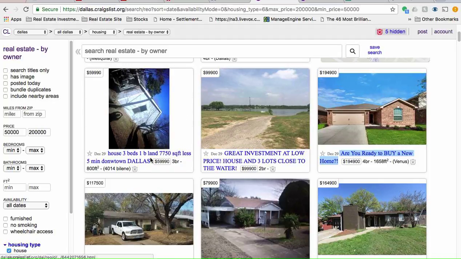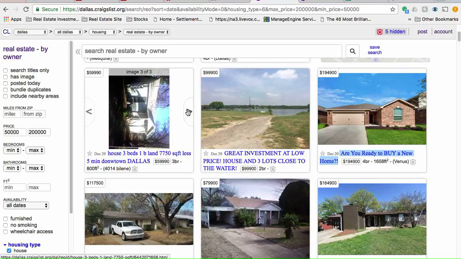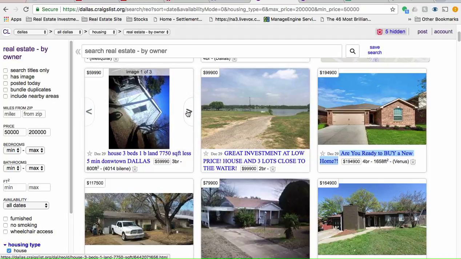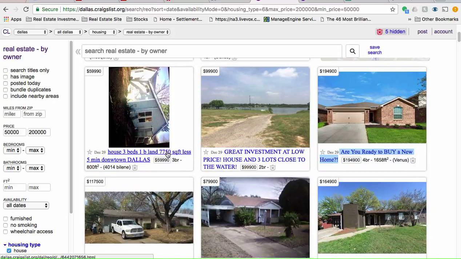What we want is houses like these. Right, so this one is a 3-bedroom, 2-bath, 5 minutes from downtown Dallas, $59,000. Here's another one, $99,000.